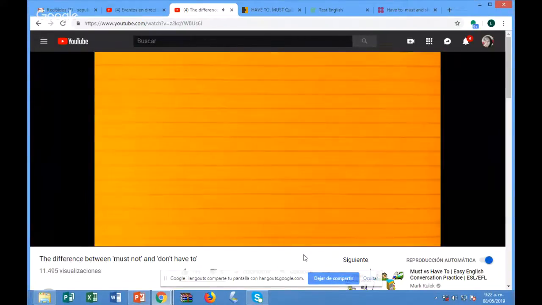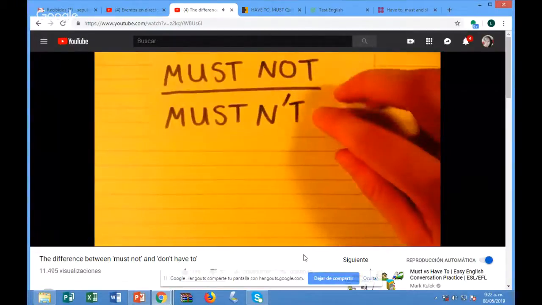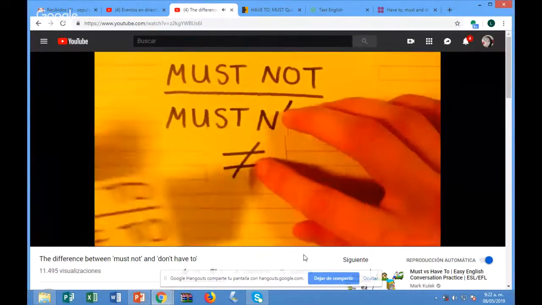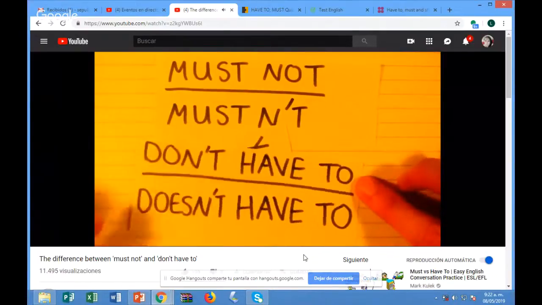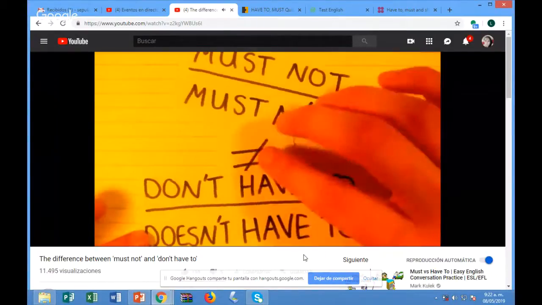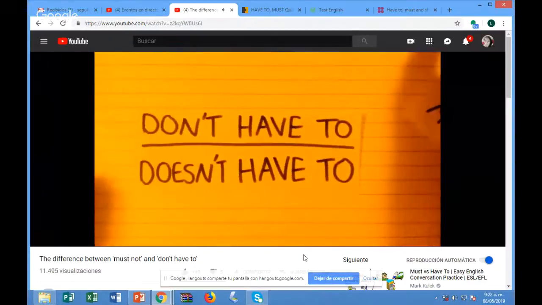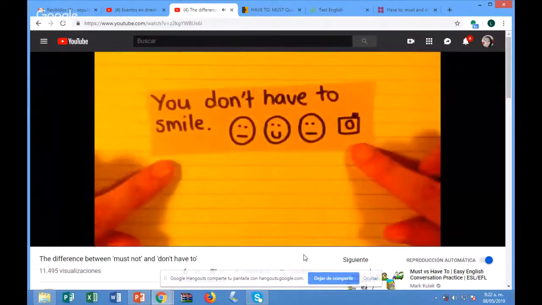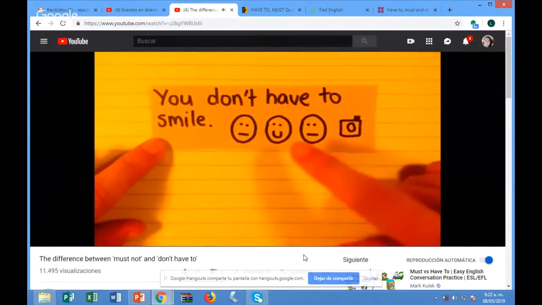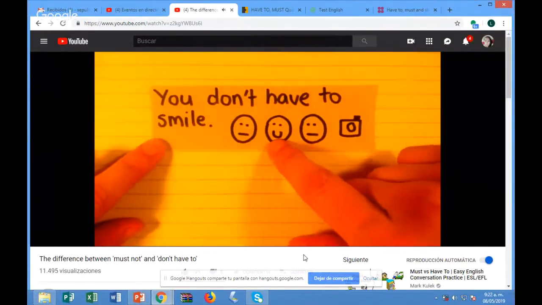Now, mustn't and must not is not the same as doesn't have to or don't have to. It's completely different in meaning. We use don't have to or doesn't have to express something that's optional, something that we are not obliged to do. So for example, if someone says, you don't have to smile, that means that you can smile, but you don't have to.